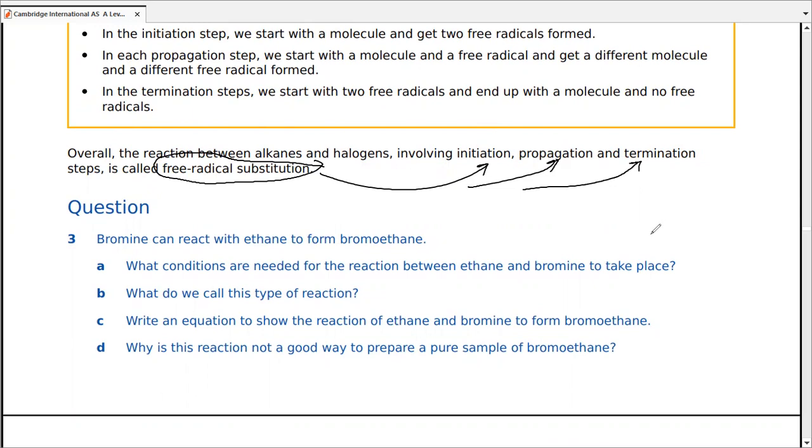Whenever the term free radical substitution is mentioned, the examiner probably wants you to go ahead and discuss any of these three steps. Whatever the examiner asks you, you need to answer accordingly. He may not ask you the whole thing in progression. He may not ask you to write the initiation, propagation, and termination reactions. He may ask for any simple reaction for 1 or 2 marks, and that's about it. He may not go with an entire progression.